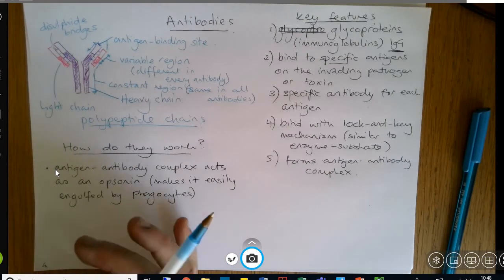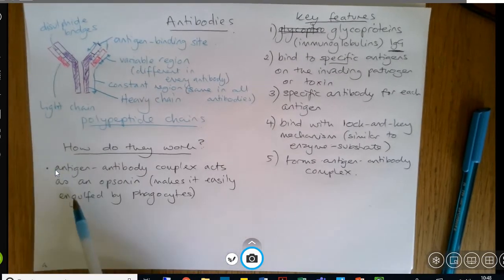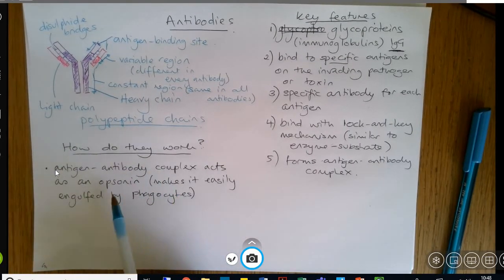Those phagocytes are still there, looking out for these complexes, but they're only really able to collect and find them when this antibody antigen complex acts as this opsonin molecule.